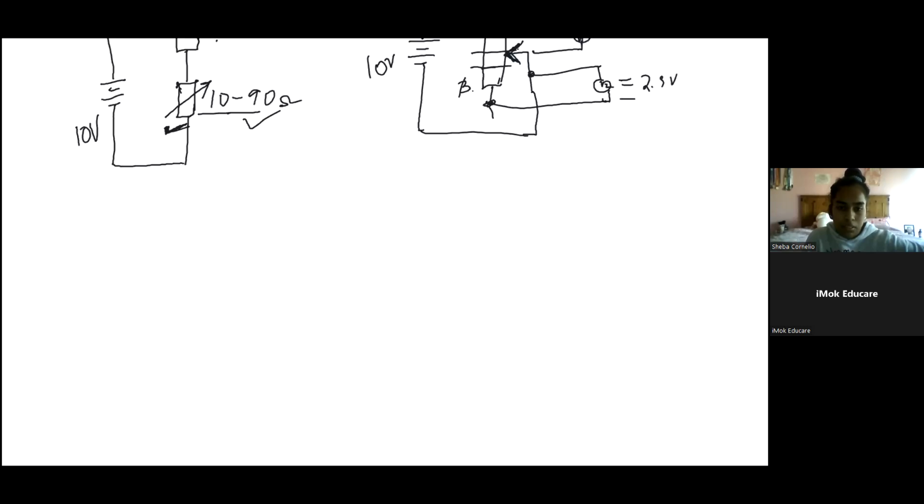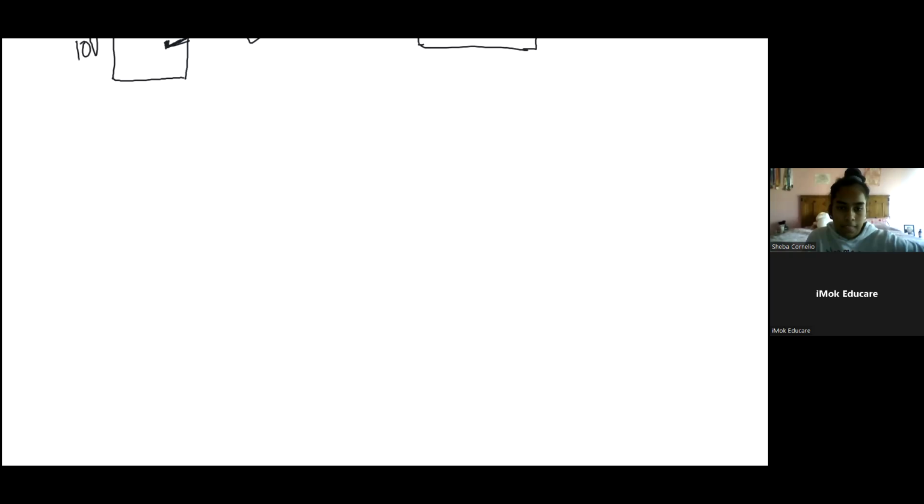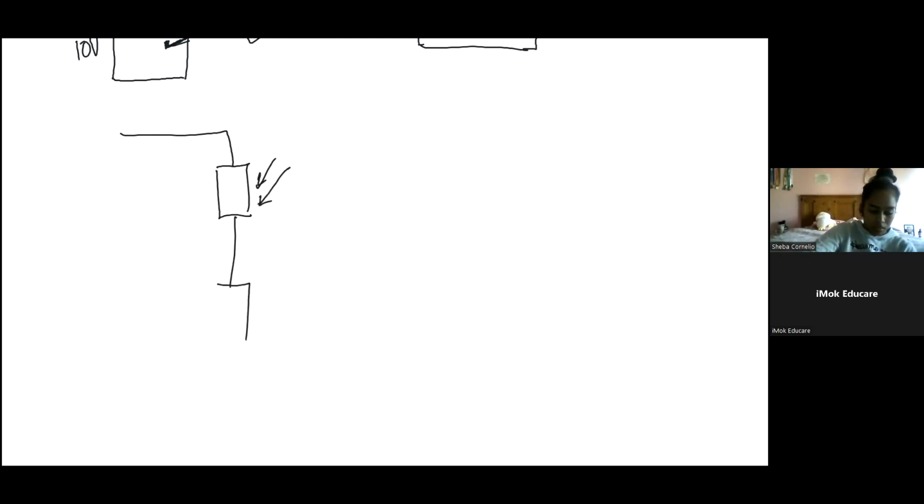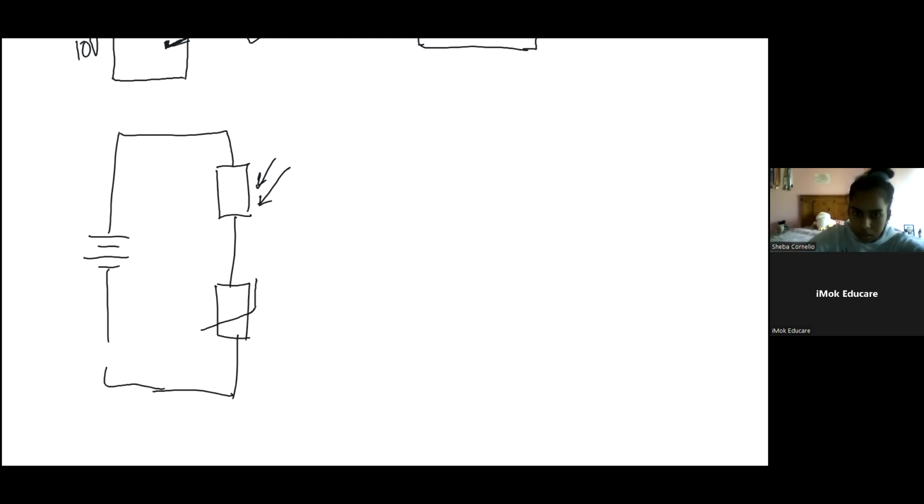Now let's see what complications are asked in the exam. So they normally give you a situation where I have an LDR and then I have a thermistor. Now there is an LDR and there is a thermistor. Don't you think both of them have variable resistances?